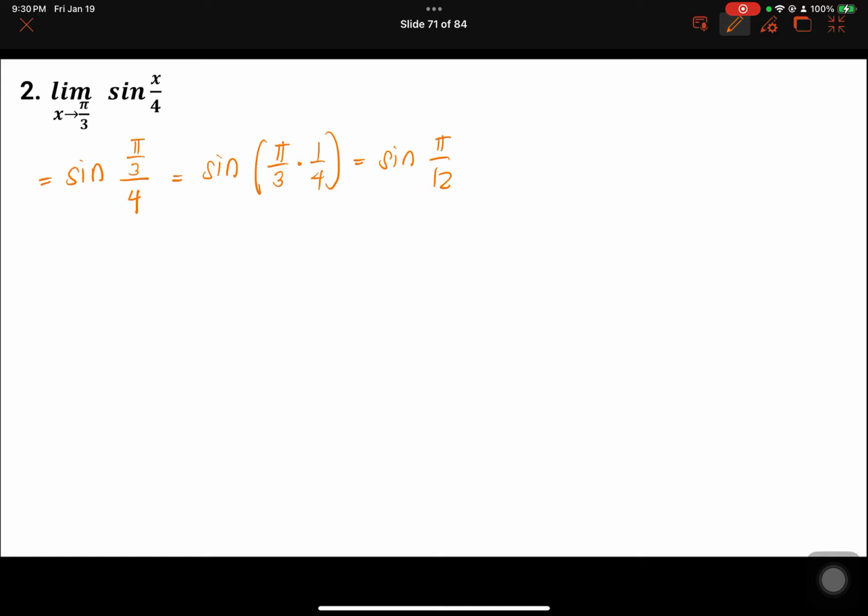Okay? And if you can see, di ba, the sine pi over 12 has an identity.